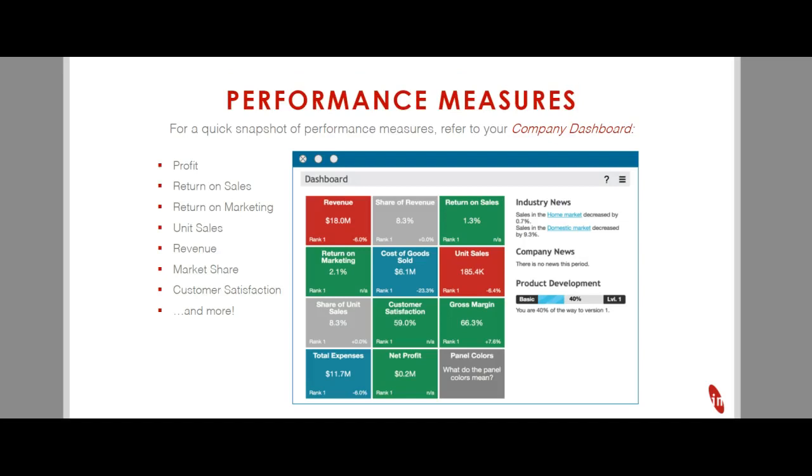You even have a quick snapshot of your performance measures. It's color coded: if it's green, you're doing great. Red, obviously, maybe you need some areas of improvement. The shaded gray, you're doing okay. So you just want to look at how you're doing in the various areas of performance. This is a quick snapshot to help you.